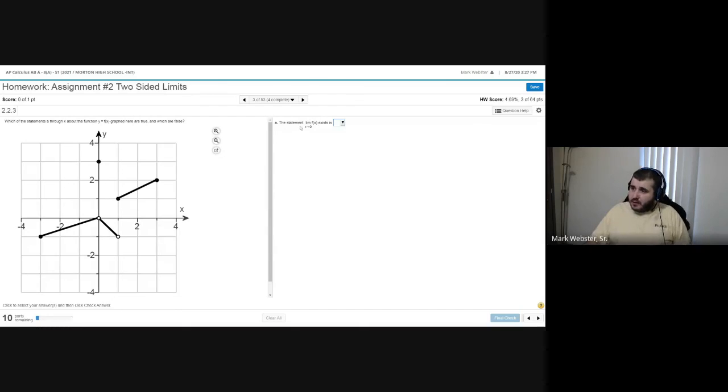The statement, the limit as x goes to 0 of f of x exists, is it false or true? Well, let's look. X goes to 0. Do they come to the same place from the left and the right? Yeah, so does it exist? Yeah, right? So, true.